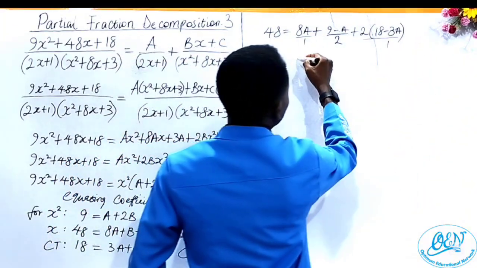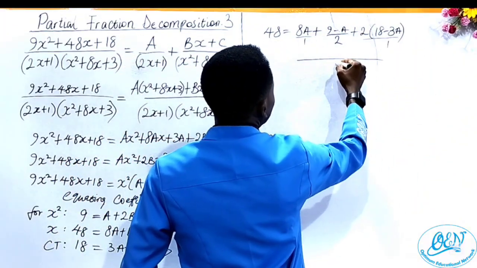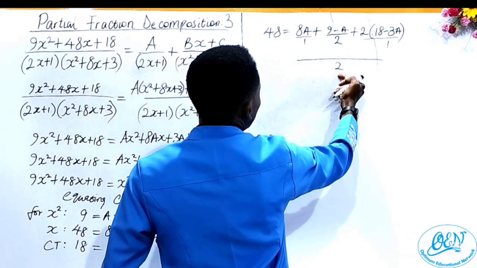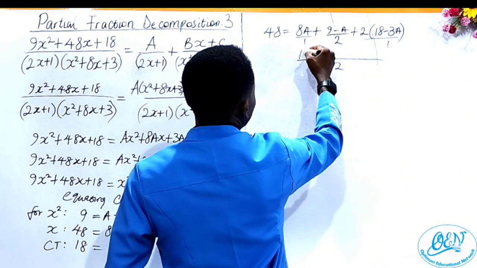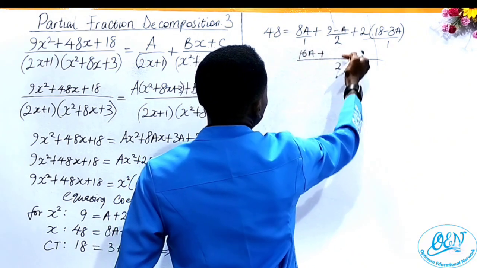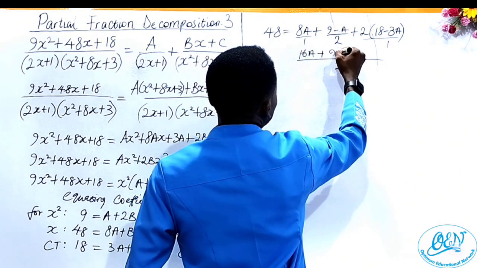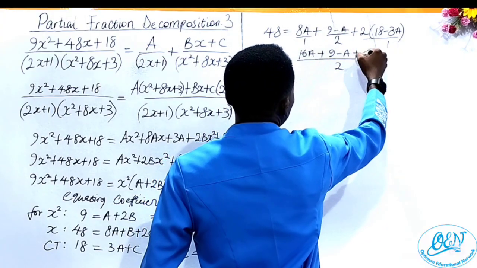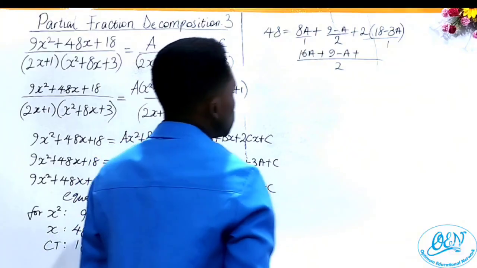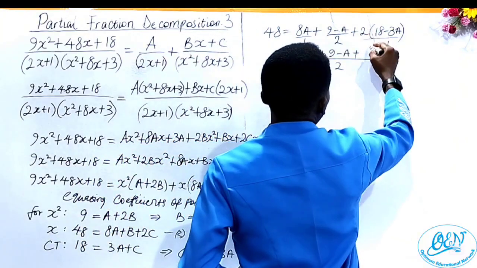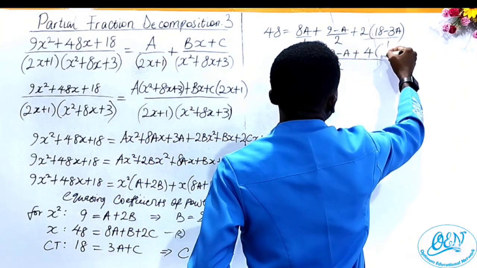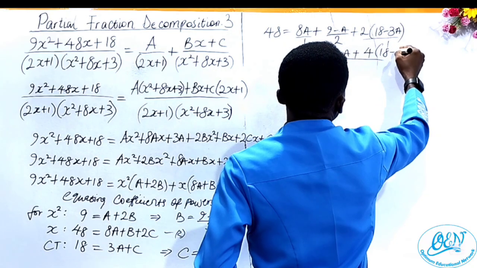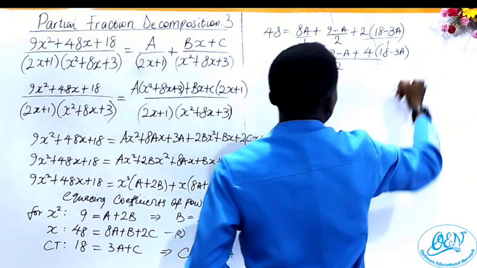So let's take the LCM here. 2 is our LCM. So 2 times this is 16a, plus 1 multiplying everything here, I'll have 9 minus a, plus 2 times 2, which is 4, into 18 minus 3a.